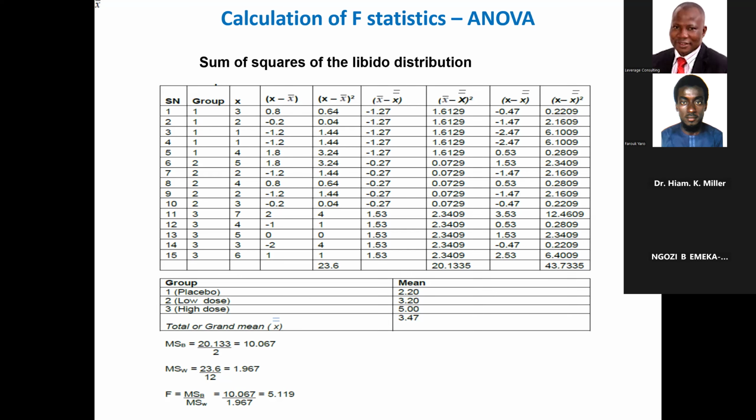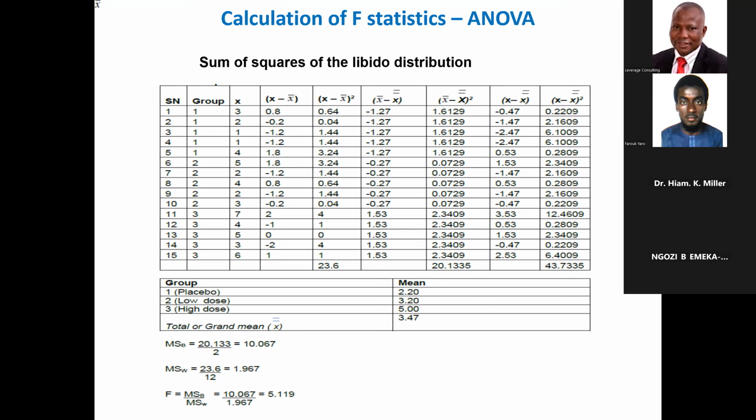It is when the variance between is far, far bigger than the variance within that we say it is significant. So F is mean square between over mean square within. You go to 10.067 over 1.967. It gives you 5.119. This is the F.